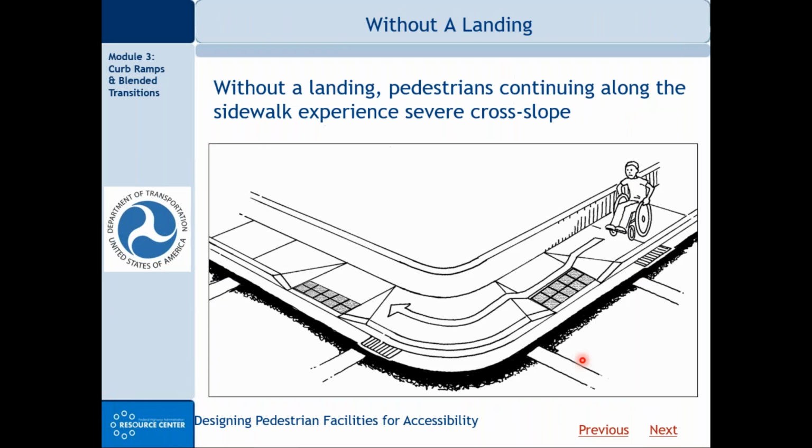And notice also without a landing, then a pedestrian using an assistive device, if they're not crossing the street, if they're just going around the corner, they experience the flares on 2 ramps, and they also experience the 8.3% grade, which is then a cross slope for the individuals using the sidewalk.